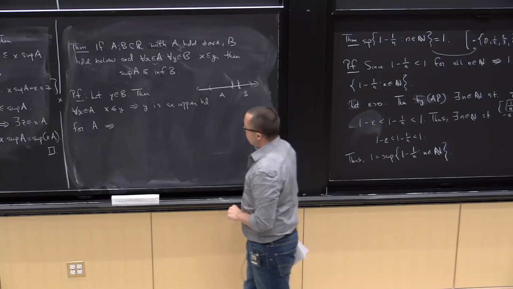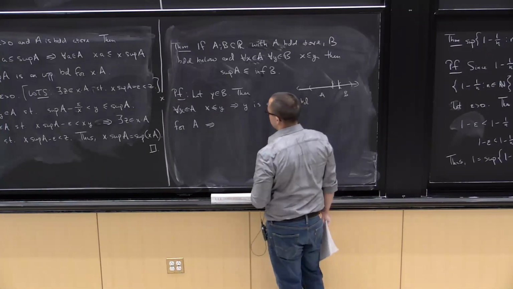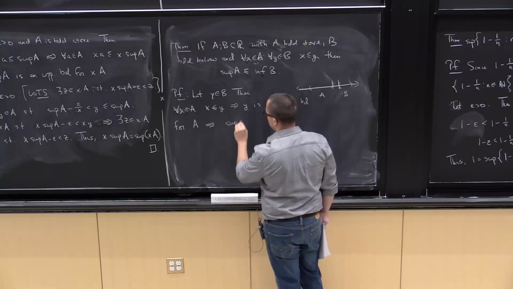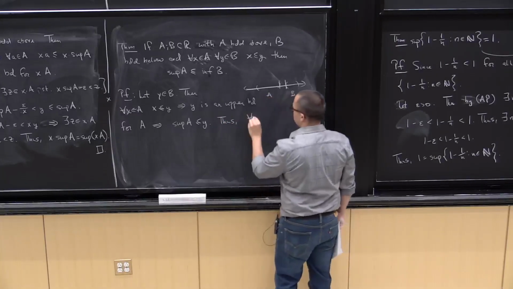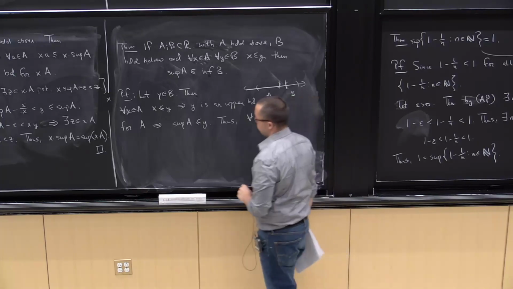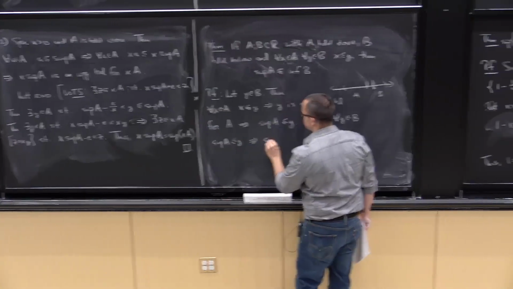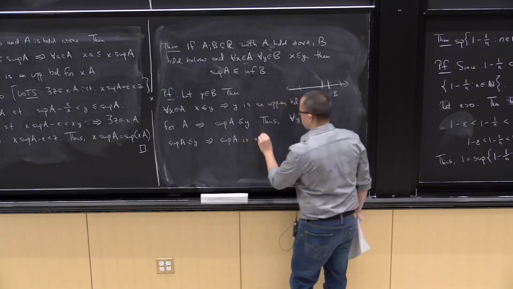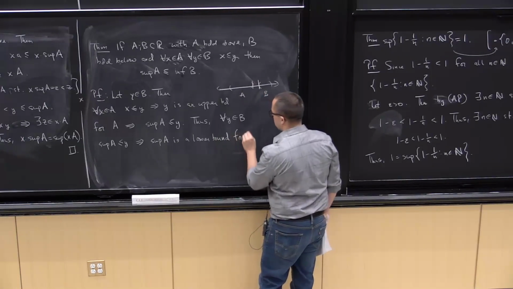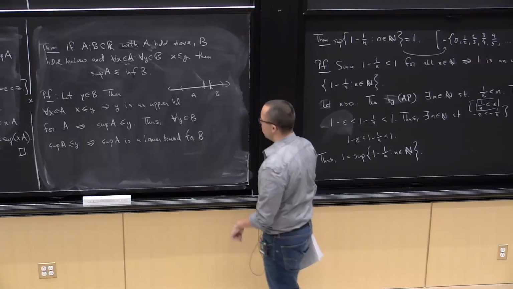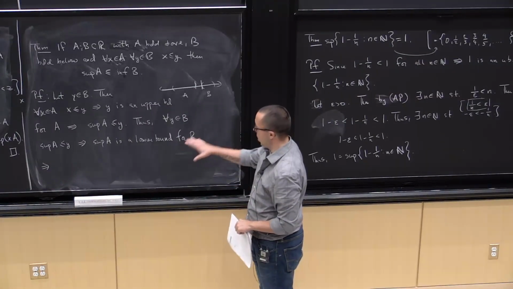And therefore, the supremum of A, which is the least upper bound, has to be smaller than or equal to y. Thus, we've proven for all y in B, sup A is less than or equal to y, which implies that sup A is a lower bound for B. And by that same logic a minute ago, remember the infimum of B is the greatest lower bound.